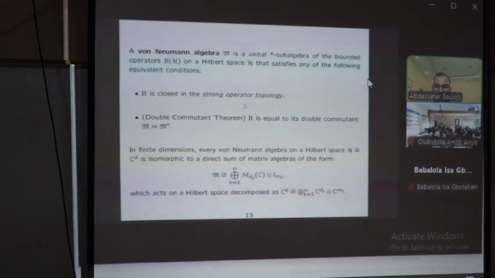Either it is closed in the strong operator topology, or it satisfies the so-called bicommutant theorem, which states that M coincides with its bicommutant. Typically, a von Neumann algebra can be considered in finite dimensions as the direct sum of matrix algebras.